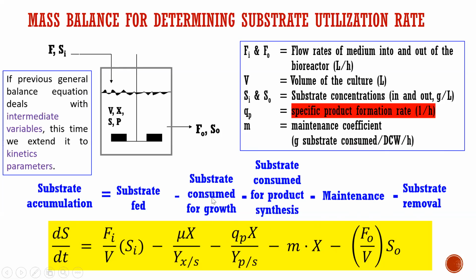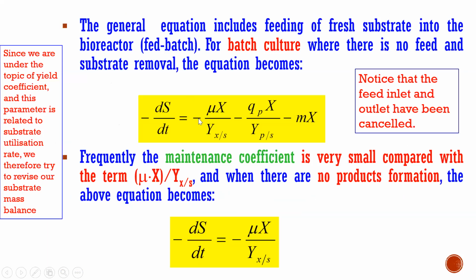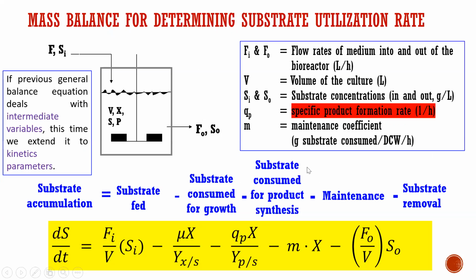And then the substrate that is being consumed can be divided into three. You have the one consumed for growth, the one consumed for product formation or synthesis, and the substrate consumed for maintenance.